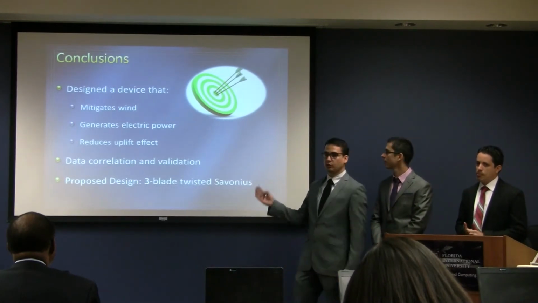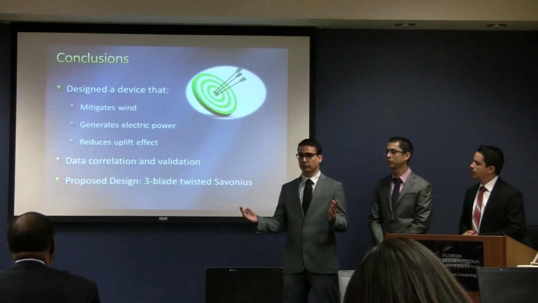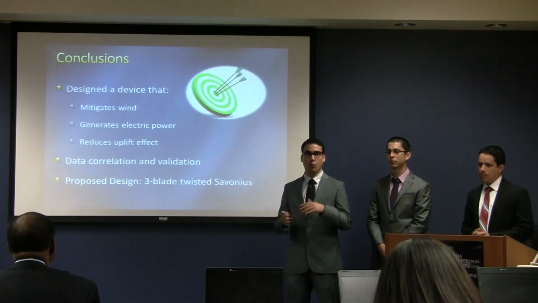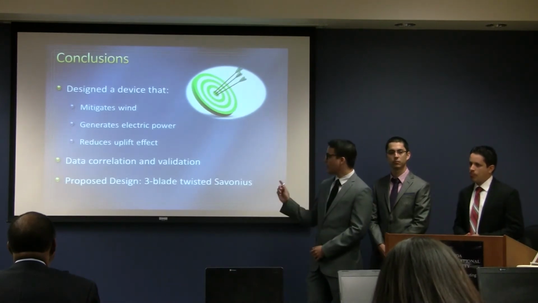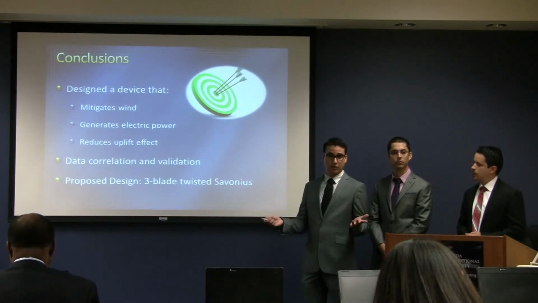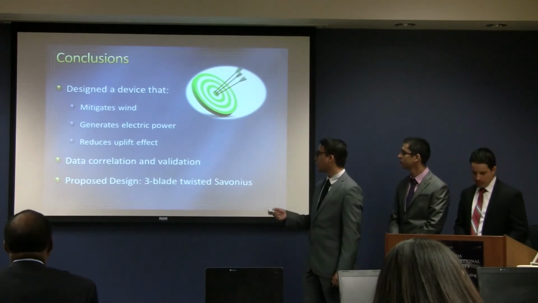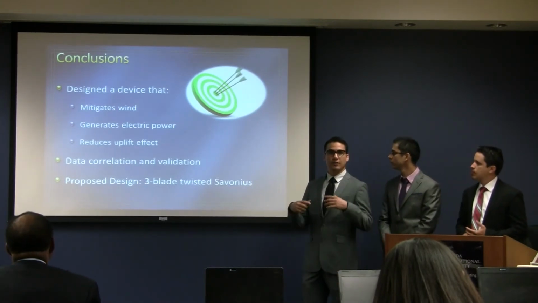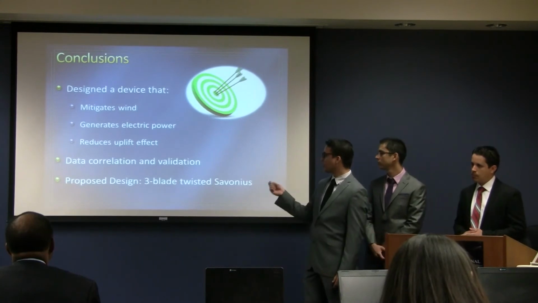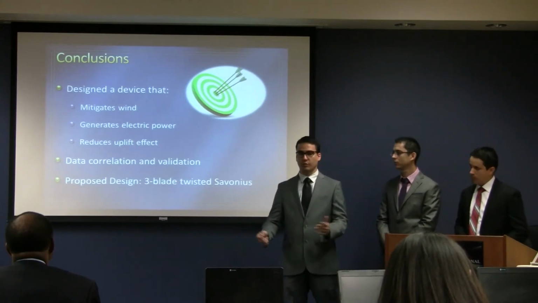Then we were able, all through this study, to correlate the data that we obtained from the experiment with ANSYS simulations. Since this is a new study, a new type of device, we are proposing to continue the investigation of this device based on the three-blade twisted Savonius, which is the result that we obtained.